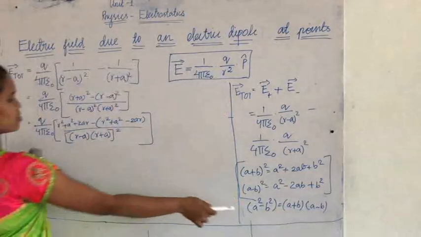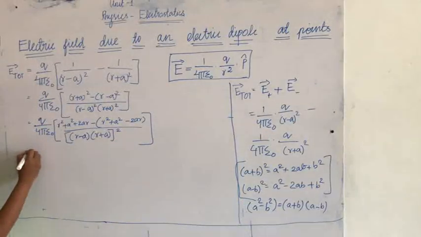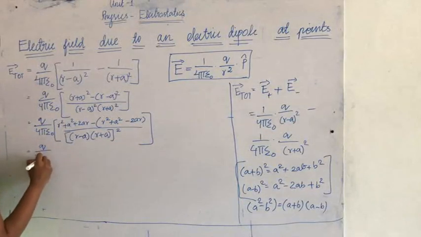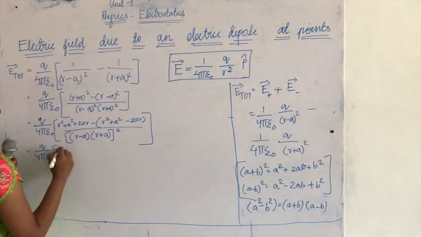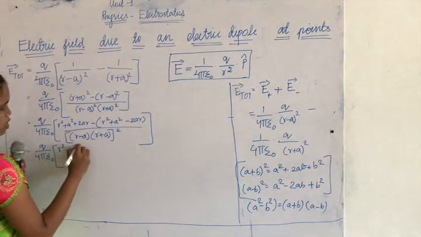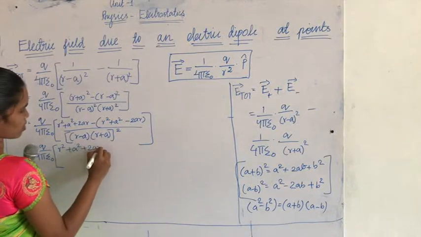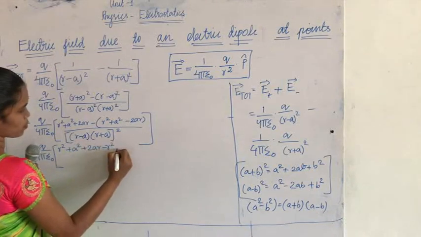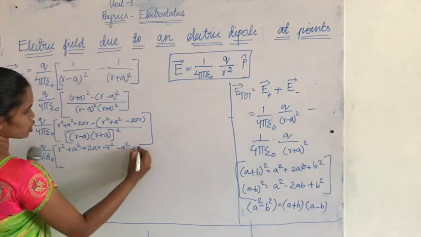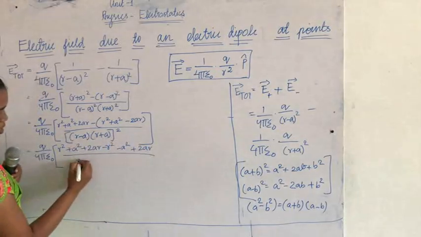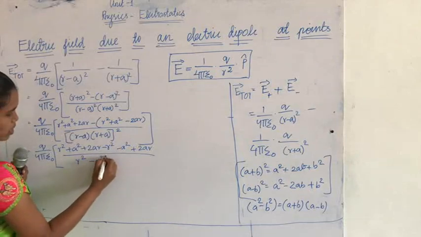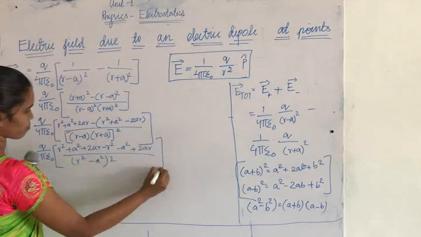It resembles now, right? Apply here. Q by 4 pi epsilon 0, r square plus a square plus 2ar minus r square minus a square plus 2ar, and here (r square minus a square) the whole square.